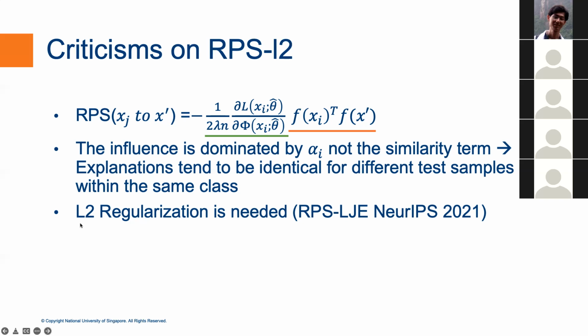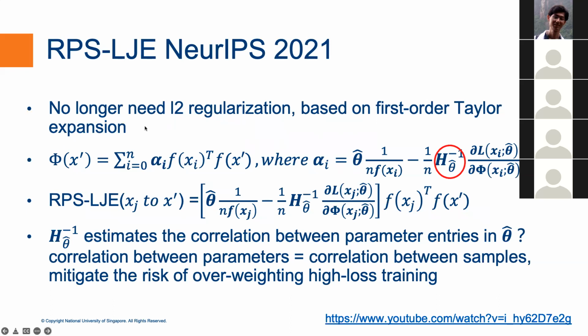And the second point is that because RPS relies on a regularization term, this is needed in order to apply the theorem. So in RPS-LJE, which was presented last week, they no longer need the L2 regularization. And their derivation is based on, again, the first order Taylor expansion.